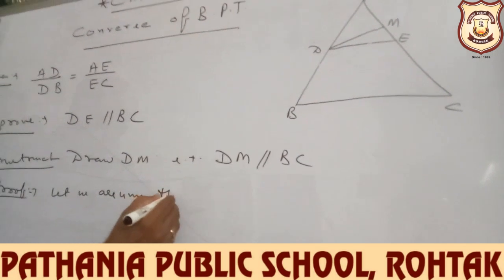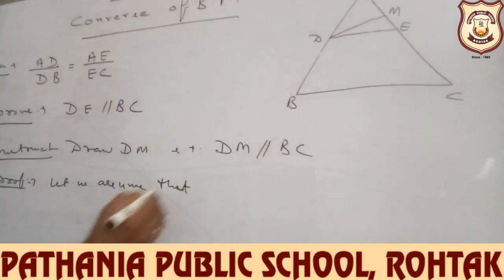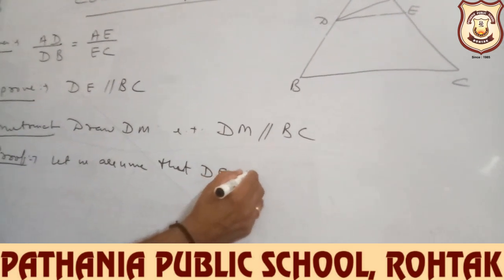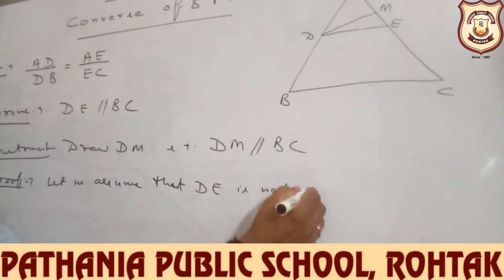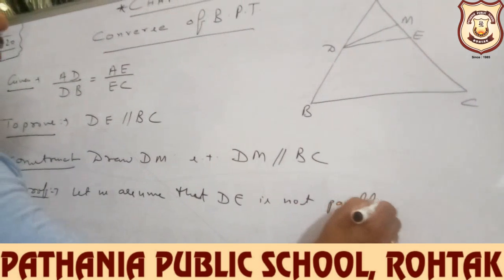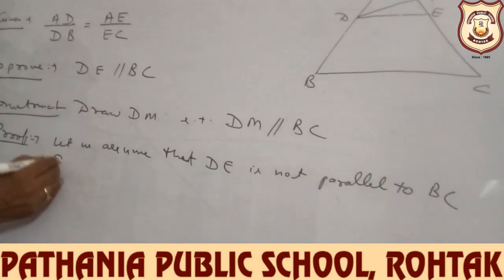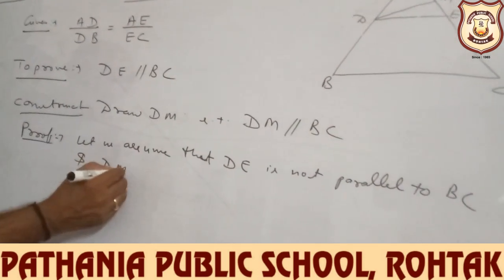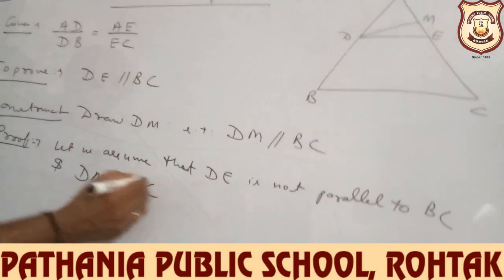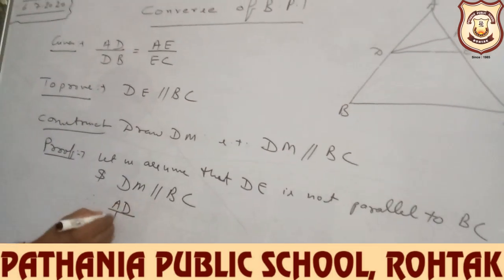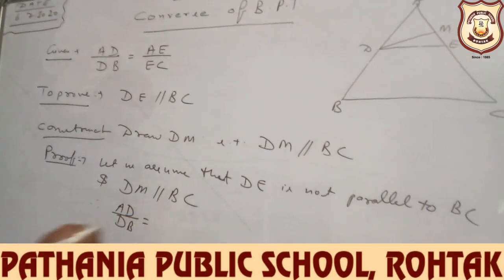Proof. Let us assume that DE is not parallel to BC and DM is parallel to BC.